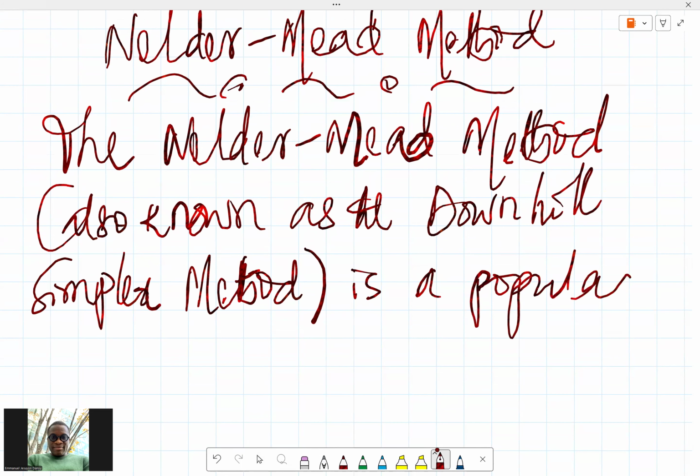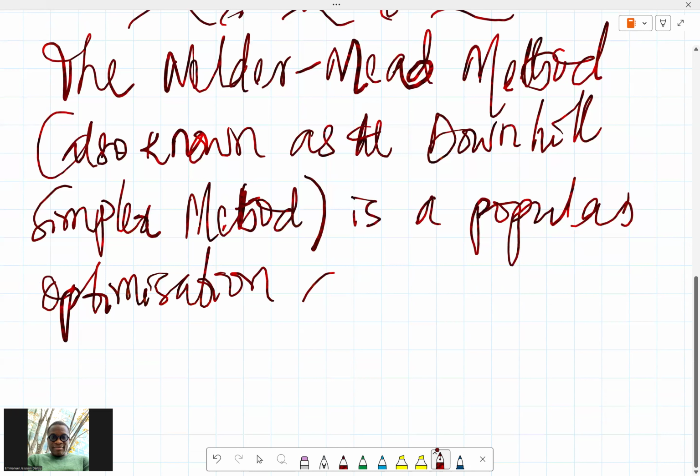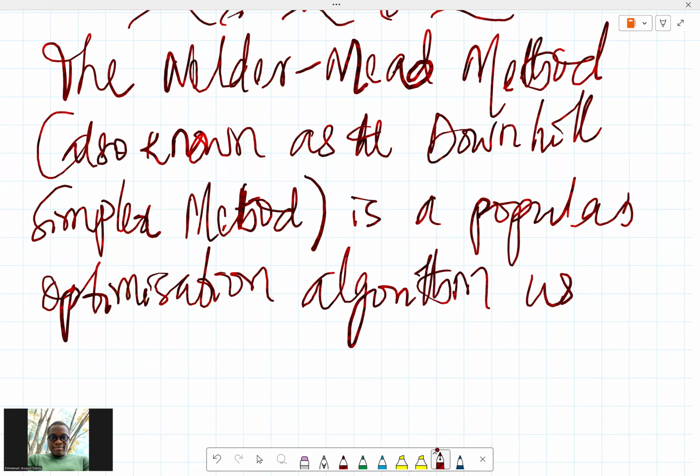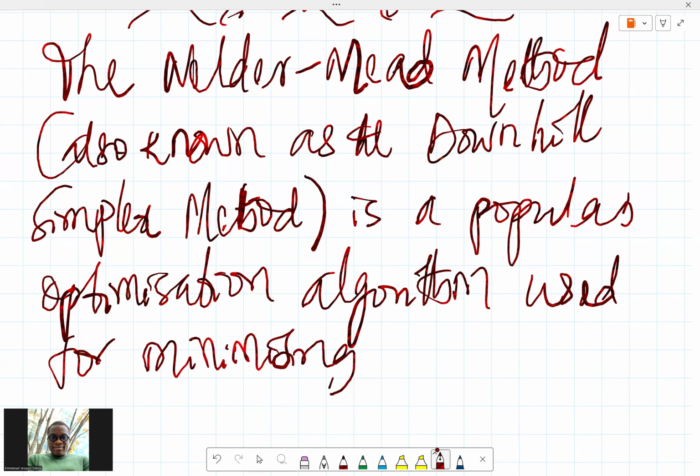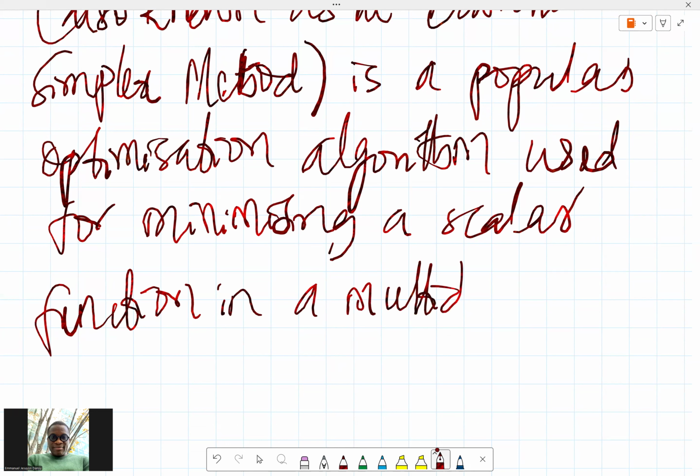The Nelder-Mead method is a popular optimization algorithm used for minimizing a scalar function in a multi-dimensional space.